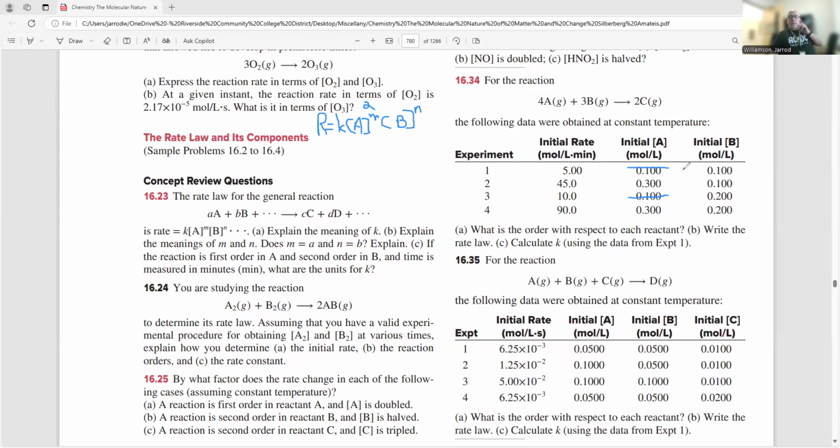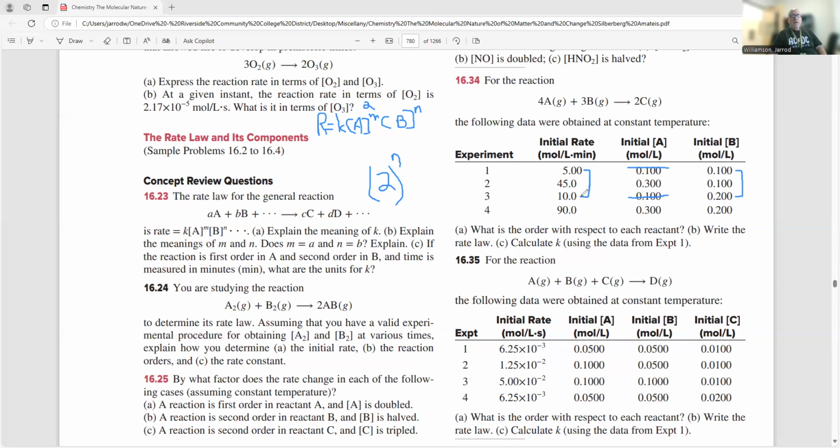Why do we do 1 and 3? Because A was held constant. And experiments 1 and 3, we doubled B. That's why we put a 2 there.